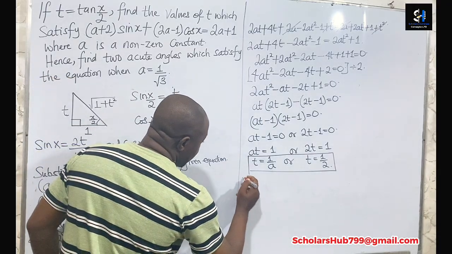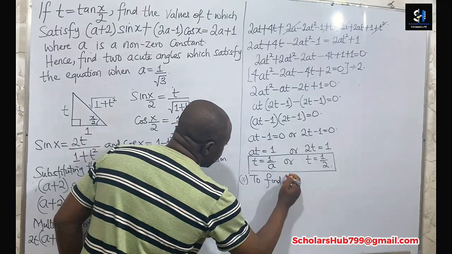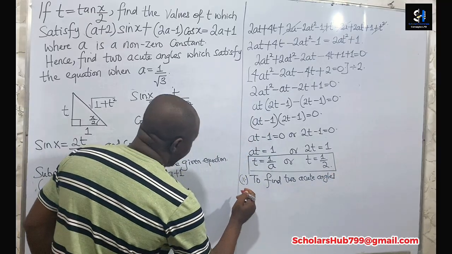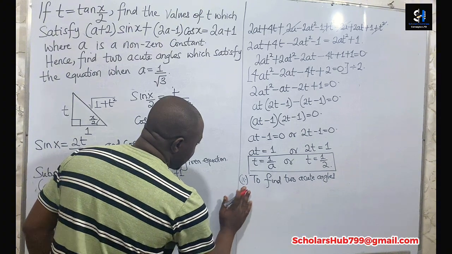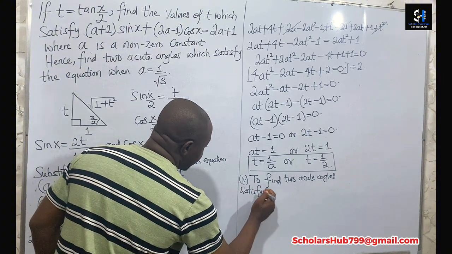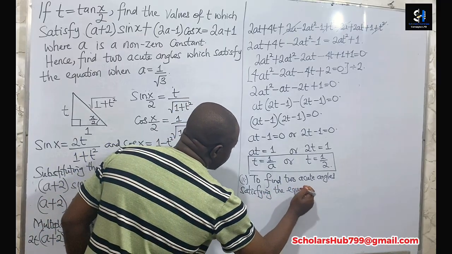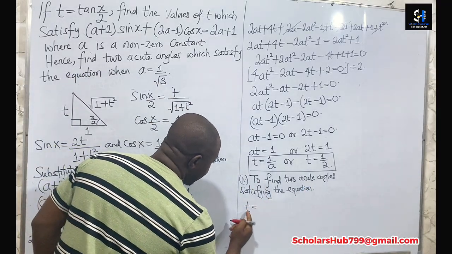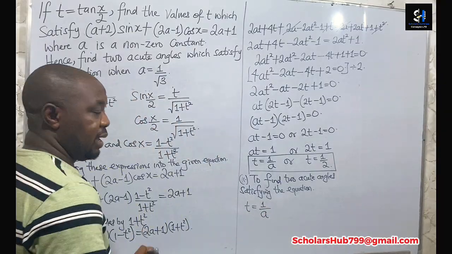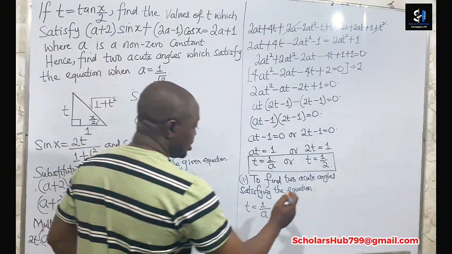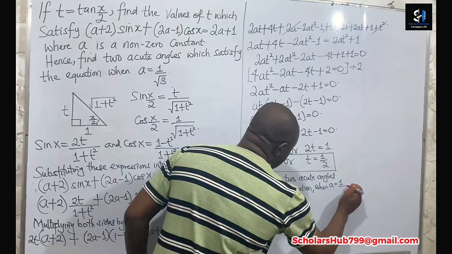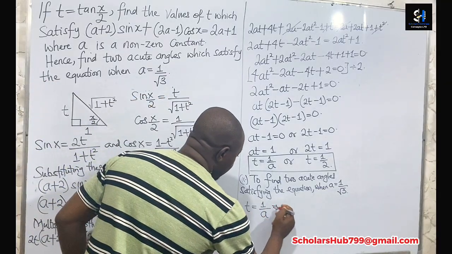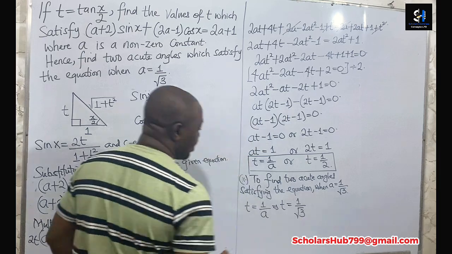So to find two acute angles satisfying the equation, first we know that we have t equals 1 over a, and when a equals 1 over root 3, we can have t equals 1 over radical 3.